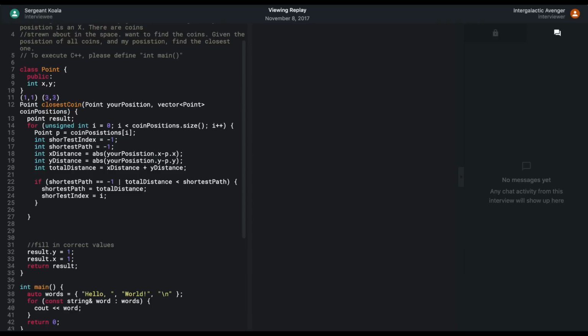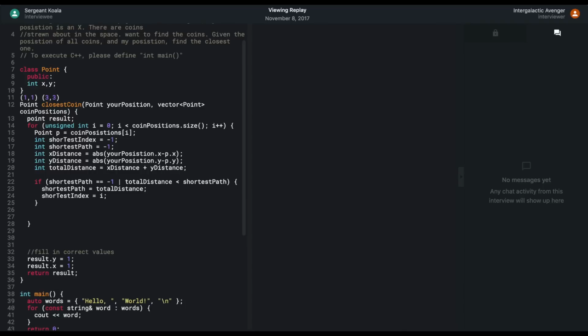And then let me see. We missed a bracket there, so I'll get that bracket there. So these brackets match up, and those brackets match up. And then after I've gone through all the points, I should have the shortest distance.